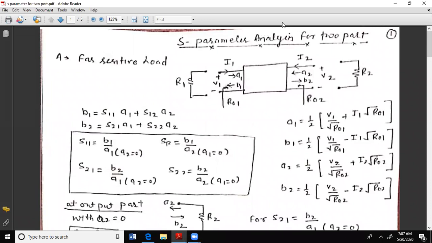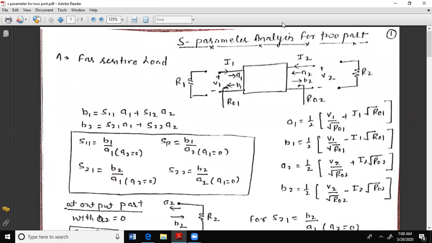R01 and R02 are the characteristic impedance in the case of high frequency analysis, that is Z0. R01 represents the characteristic impedance at the input port, and R02 at the output port.